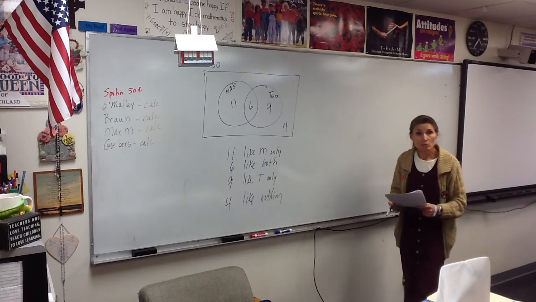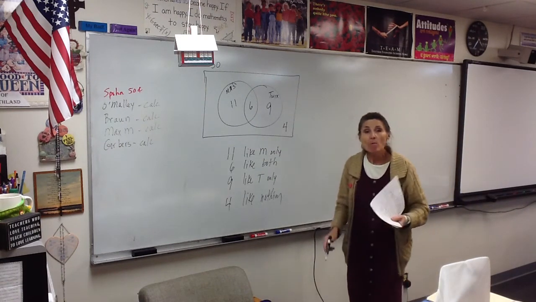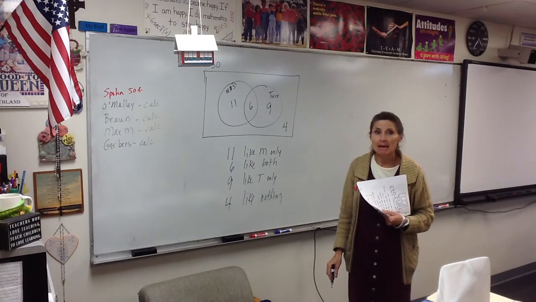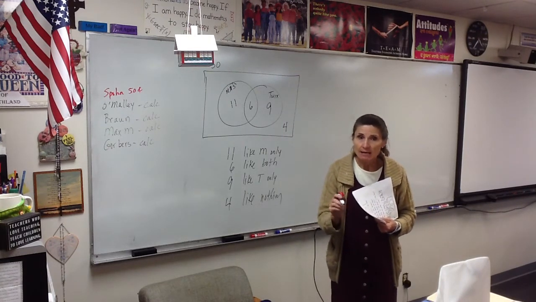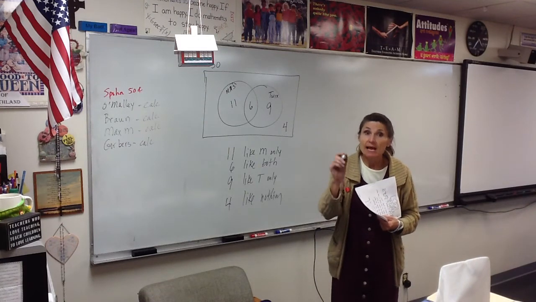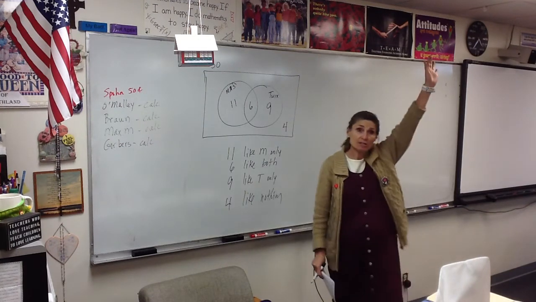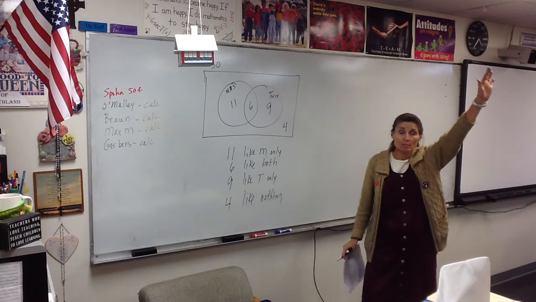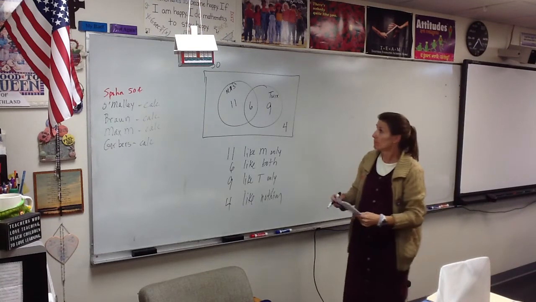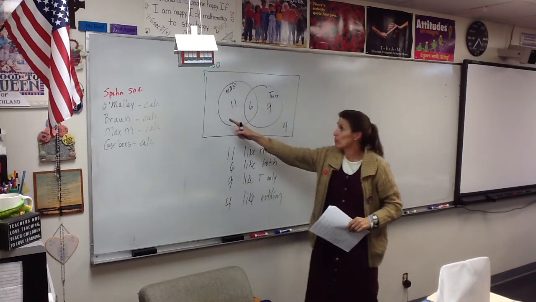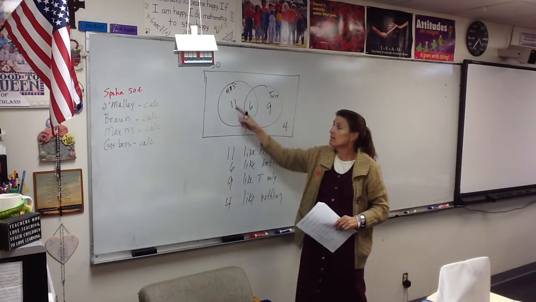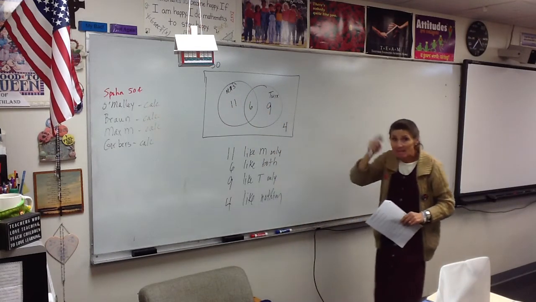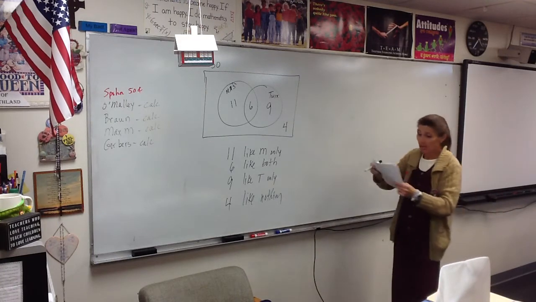So now we can answer the questions. How many students like M&Ms? Now wait a second. It doesn't say like M&Ms only. It says how many kids raised their hand when the teacher said, do you like M&Ms? How many kids raised their hand when the teacher said, do you like M&Ms? 17. 17 students like M&Ms.